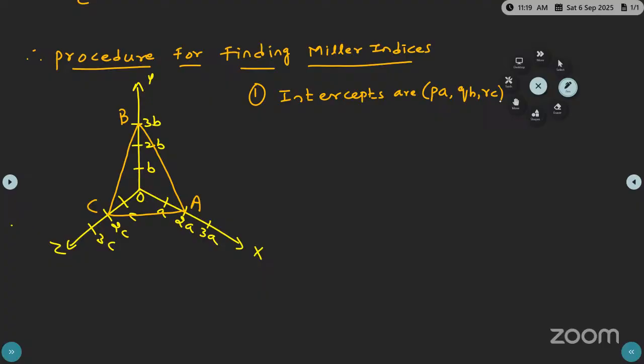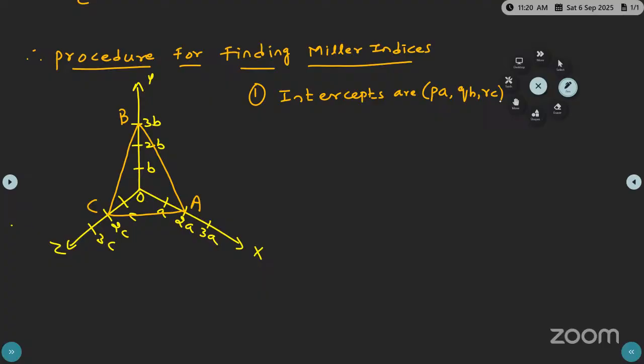Express the intercepts as multiples of the unit cell dimensions, or lattice parameters.